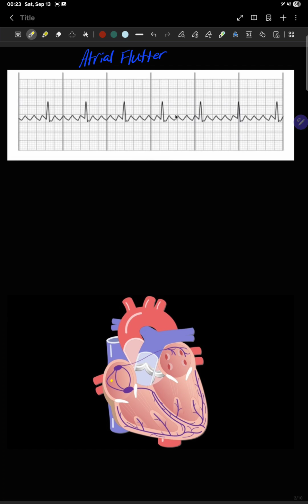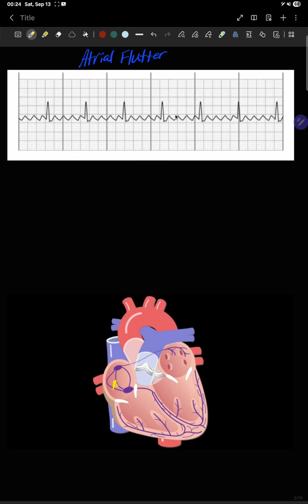Well, now I have this automaticity cell who, like we stated earlier, should be 60 to 80, and it can discharge on its own. That thing starts firing. And what ends up happening is it's called a re-entry loop in the right atria.